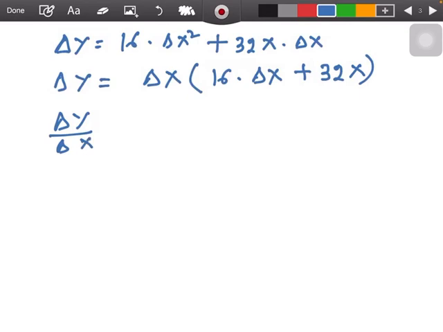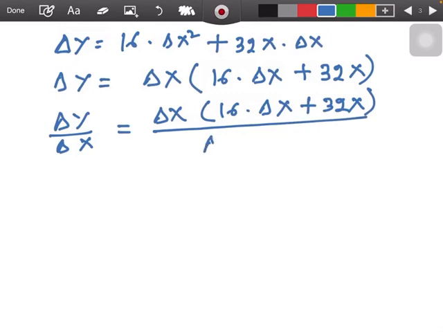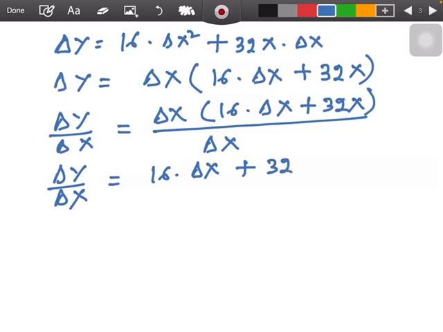So delta y by delta x is equal to, we divide both sides by delta x, so on the right side delta x will be cancelled. So delta y by delta x will be 16 delta x plus 32x.